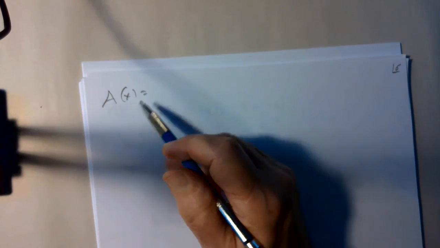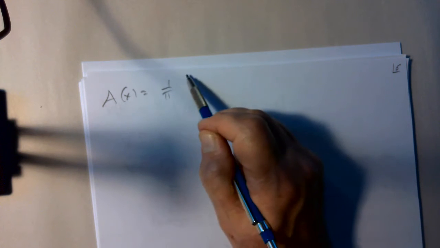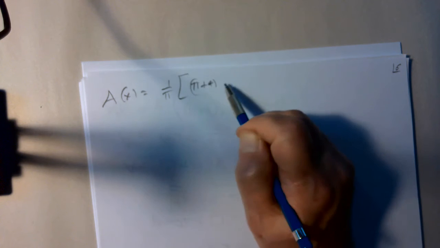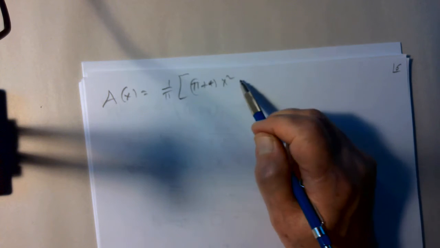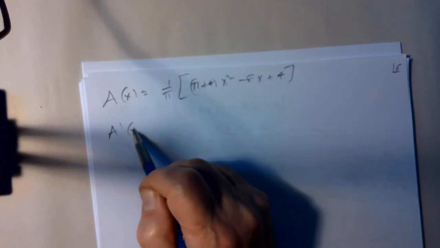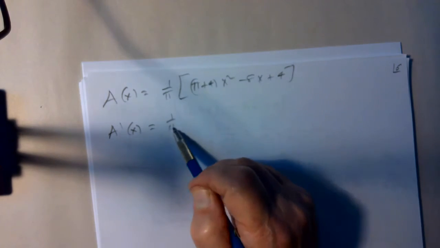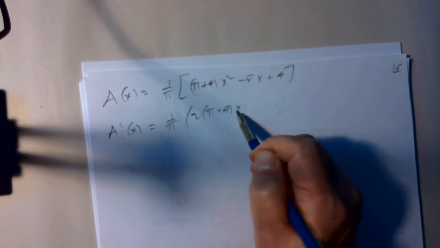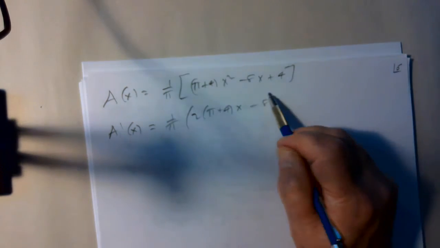So again, the area as a function of x is 1 over pi, pi plus 4 times x squared minus 8x plus 4. A prime of x is 1 over pi, 2 times pi plus 4 times x minus 8.